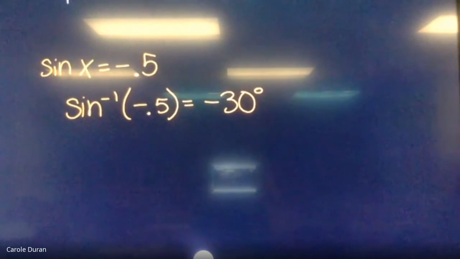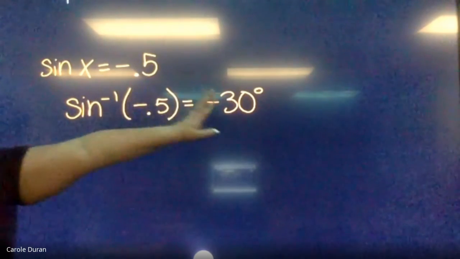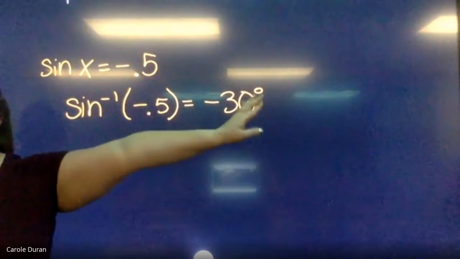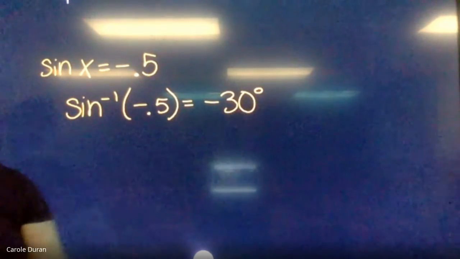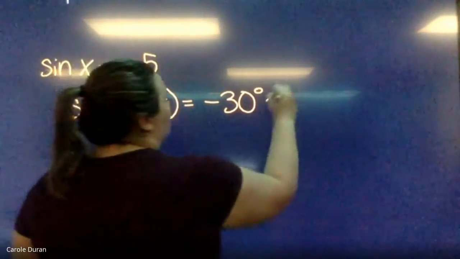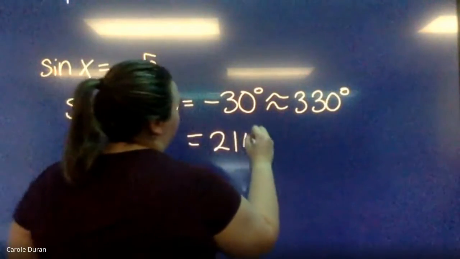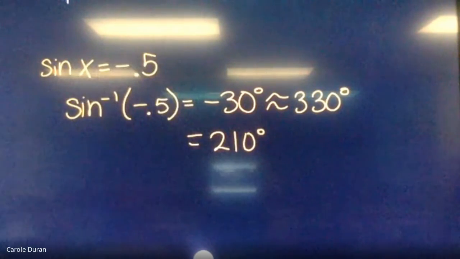So when we use a calculator, it's only going to give us one of our angles. There are possibly more. So I always suggest that if it comes out to a nice whole number angle that exists on our unit circle, we should check our unit circle to see if there's more. Because it would be negative 30, which is equivalent to 330 degrees, and it would be 210 degrees. I know from my unit circle. Do we have to put that? If there's more than one, yes.